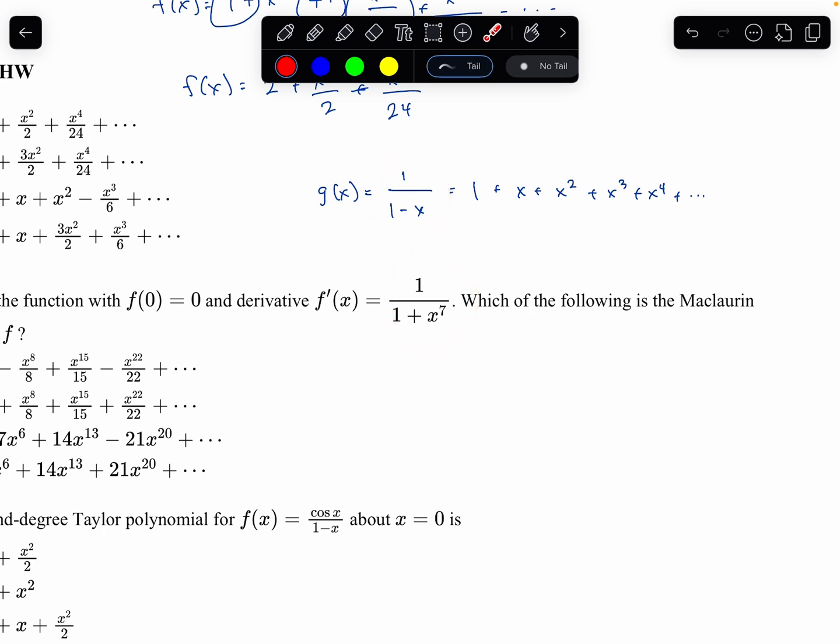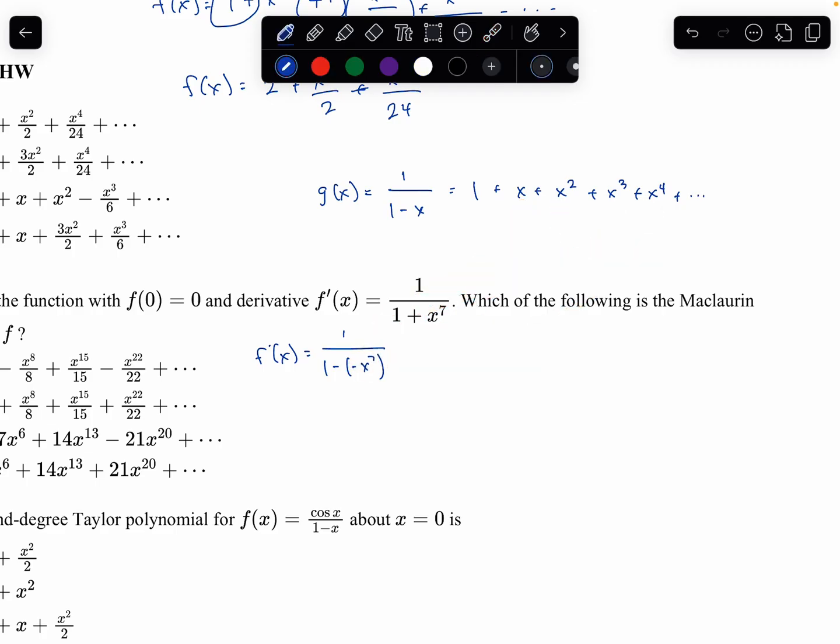So what do I need to change about this to get this? I can rewrite this expression as: f prime of x is equal to 1 over 1 minus negative x to the 7th. Well then how do I change this series to fit this expression? I can just substitute negative x to the 7th for x in all of these terms.